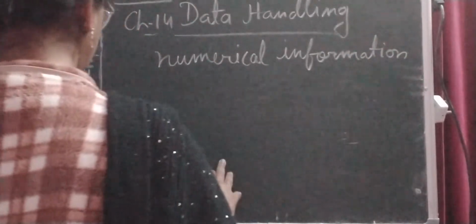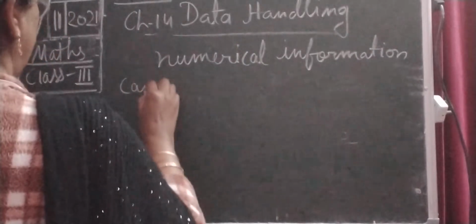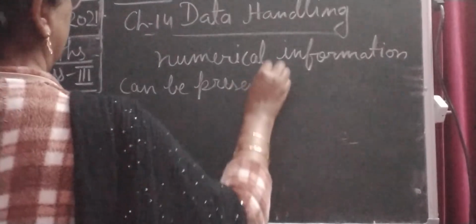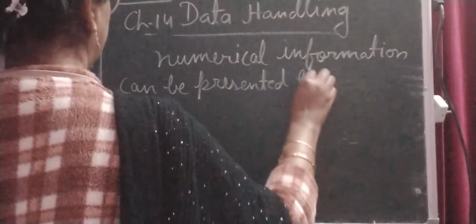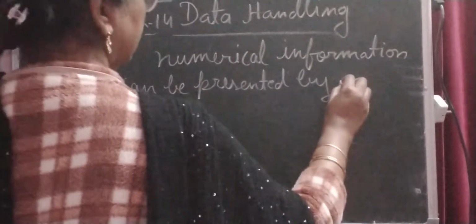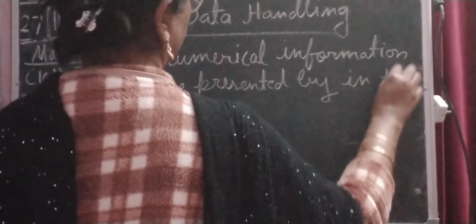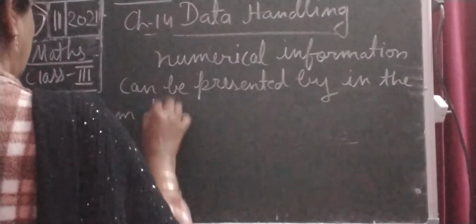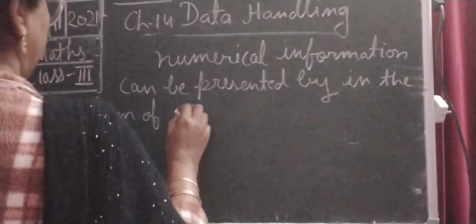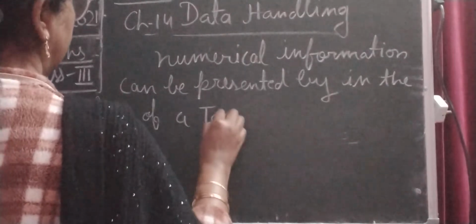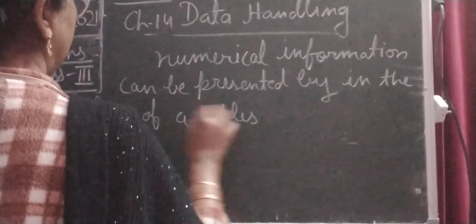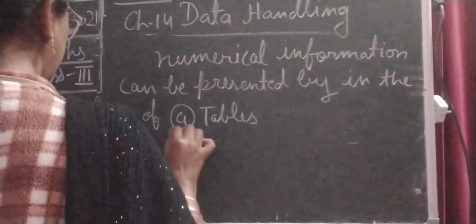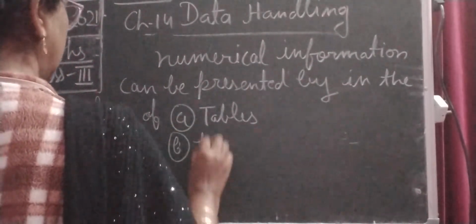Numerical information can be presented in the form of, first, tables. Second, pictographs.